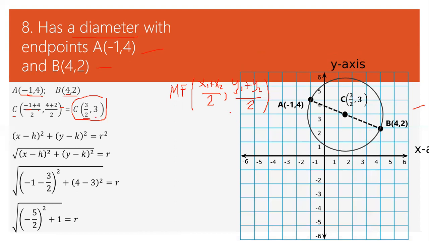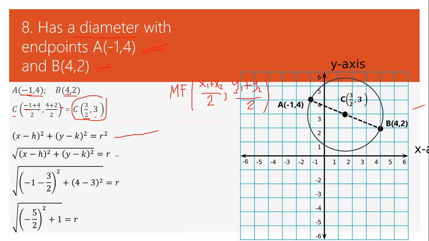We can use point A or point B. For this example, we use point A. Okay, so we will use our standard equation, x minus h squared plus y minus k squared is equal to r squared.